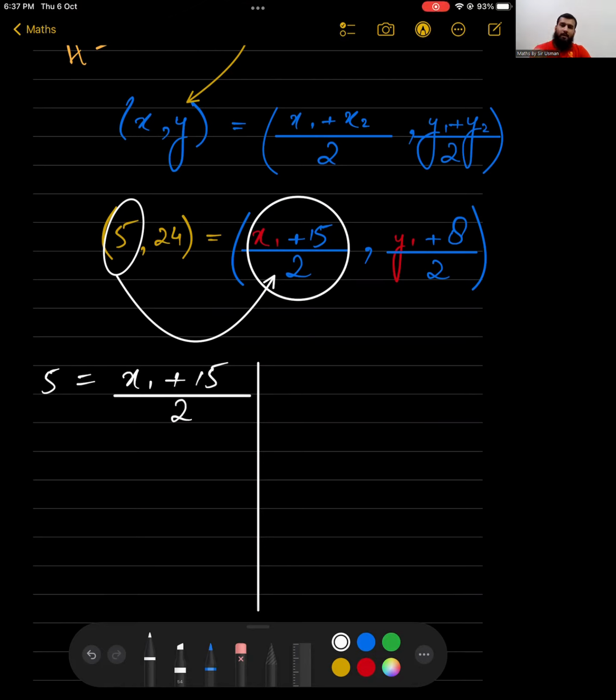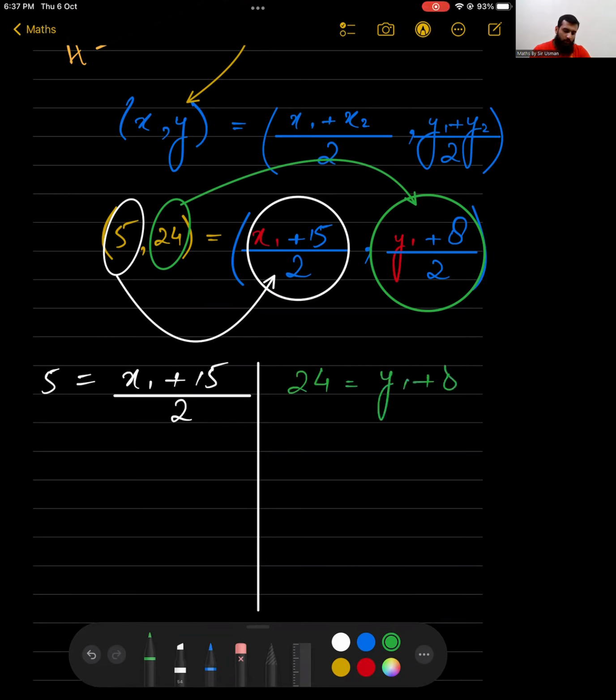You will do the exact same thing with the coordinates of y. y के coordinates के साथ भी हमने exact same काम करना है. So you have got 24, you have got y1 plus 8 divided by 2. अब आपने compare करना है और आपके पास आ जाएगा 24 is equals to y1 plus 8 divided by 2.